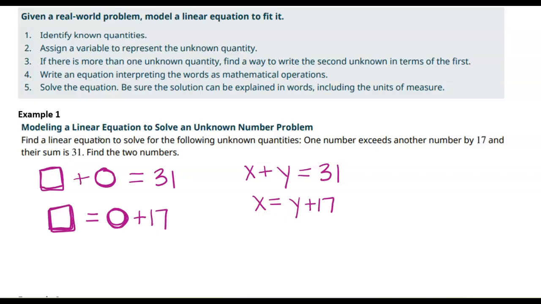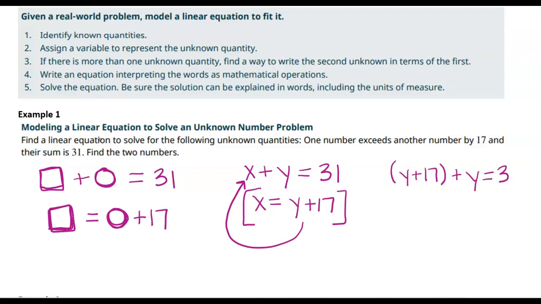If you wanted to say y equals x plus 17, we would just have the opposite answers for x and y if you did it that way. Since I know x is equal to this quantity with y, I'm going to plug that in for x here. That gives me y plus 17 in place of x, plus y equals 31.